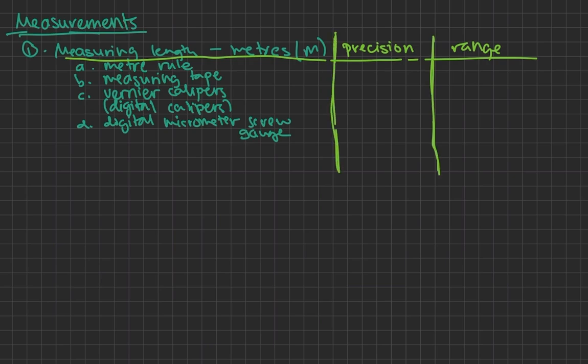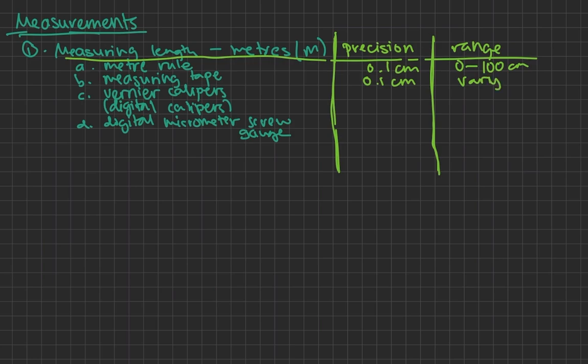Okay, for the meter rule, the precision would be 0.1 centimeter, and this would also be the same for the measuring tape. However, the range of the meter rule would be 0 to 100 centimeters, while the measuring tape could vary.